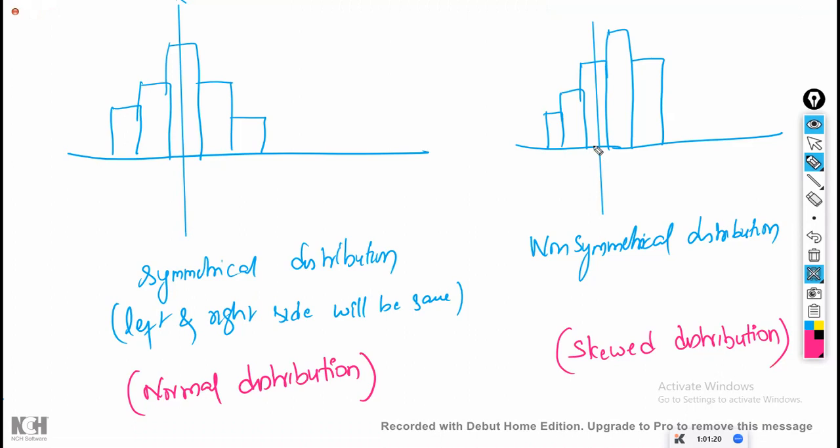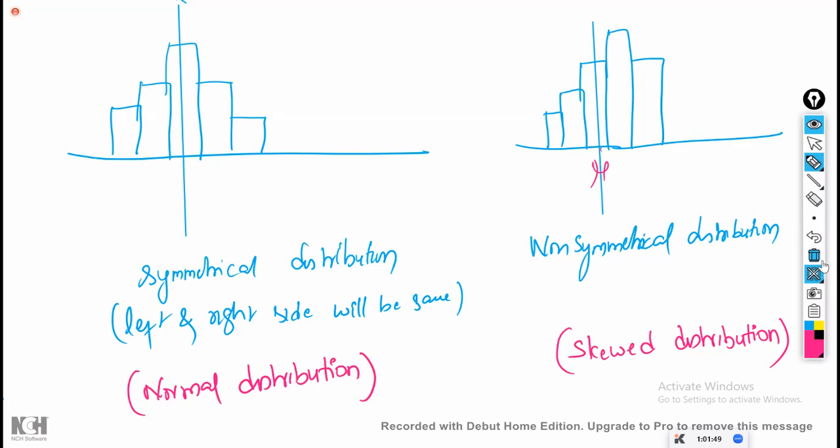First, you have to identify the center point, which is your mean point. From the mean point, if the left side and right side are the same, it is symmetrical; otherwise, it is non-symmetrical. Is that clear? Symmetrical distribution is also called normal distribution, and non-symmetrical distribution is also called skewed distribution.